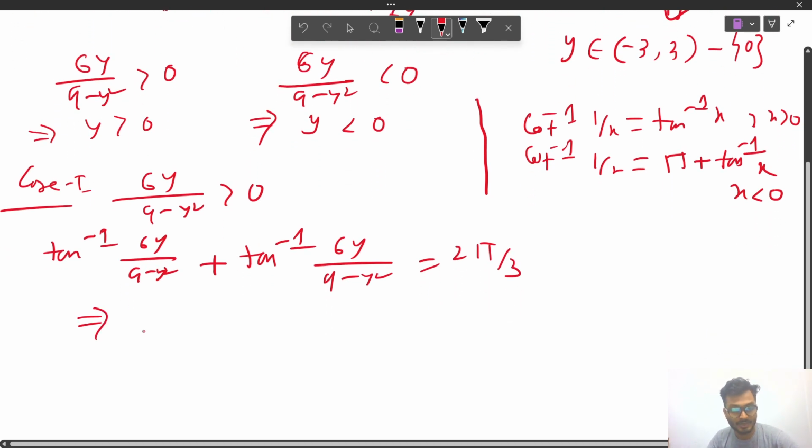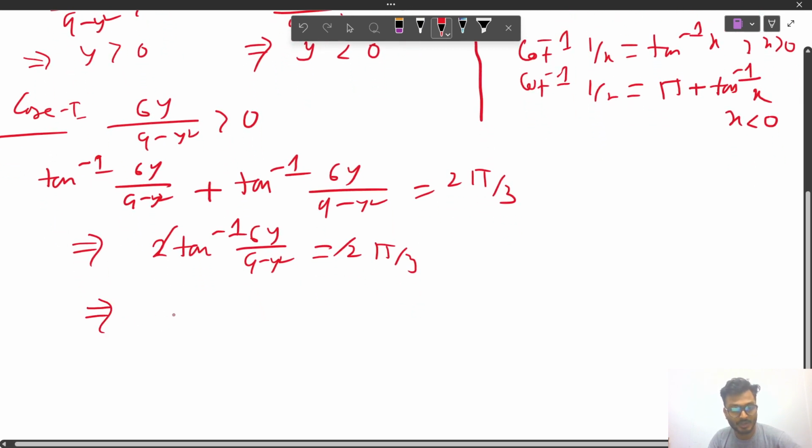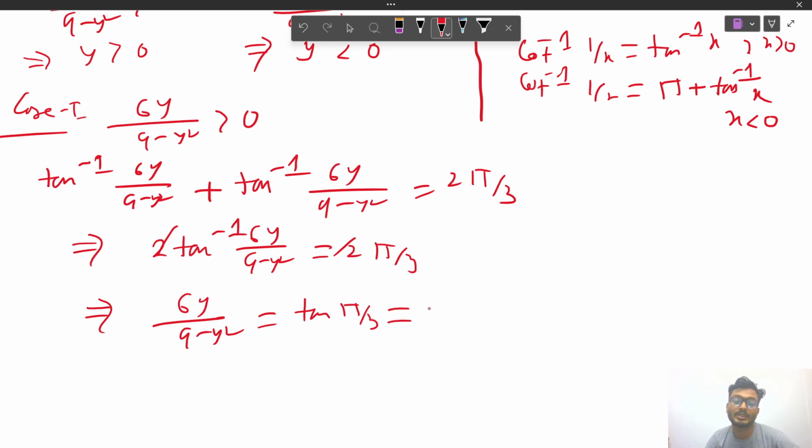The 2s cancel, so 6y upon 9 minus y square equals tan pi by 3, which is root 3.